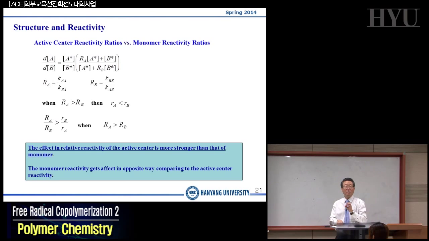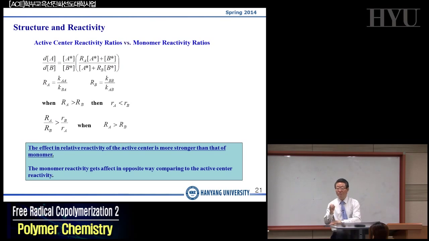So the factor that influences your monomer reactivity ratio will much more greatly influence your active center reactivity ratio, which is large R. And monomer reactivity affects it in the opposite way compared to the active center reactivity, which I have just elaborated here. So something happens, right?